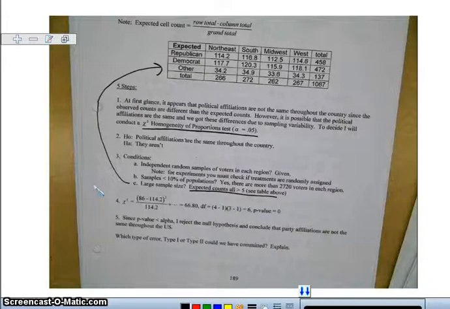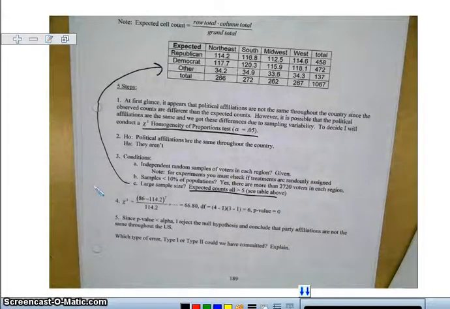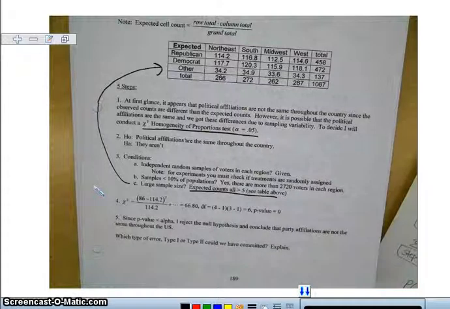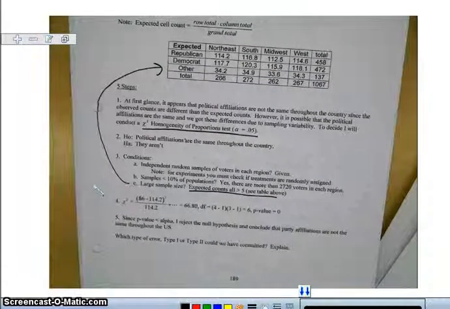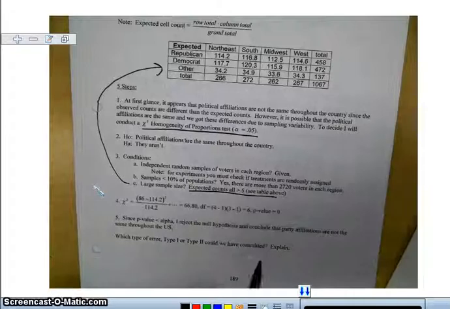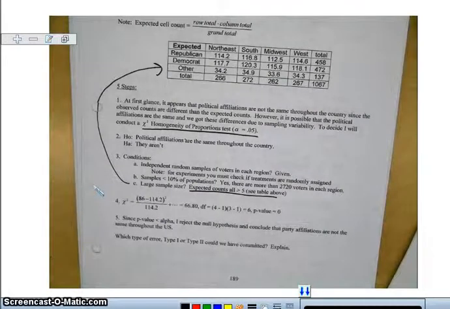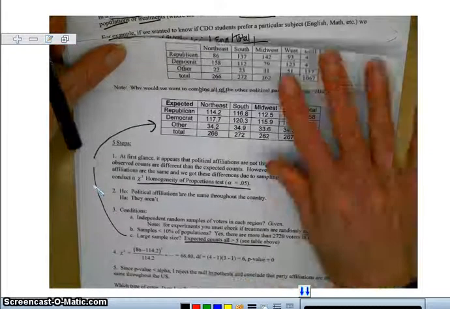Okay, so now to go through the calculation here, what would you have to do? Well, we would have to take our observed values that we had. Here we go. Here's all of our observed values.